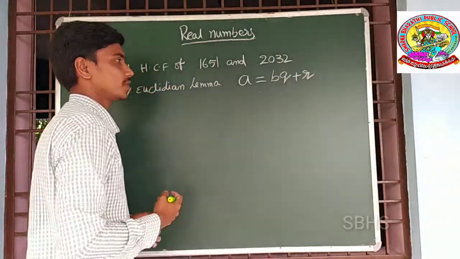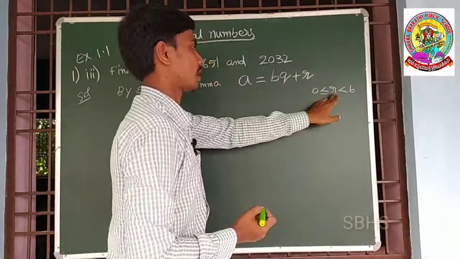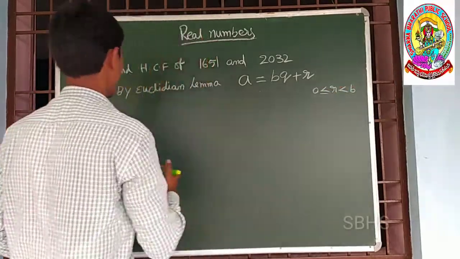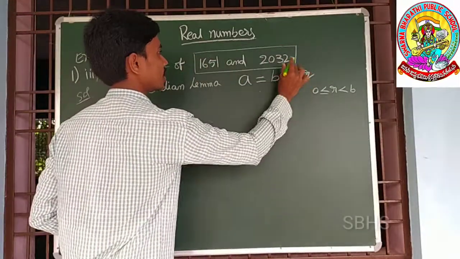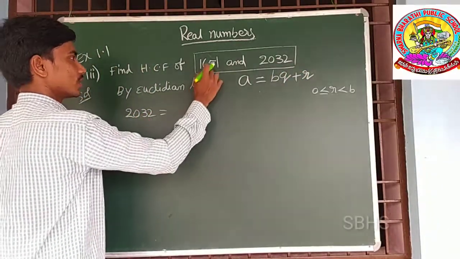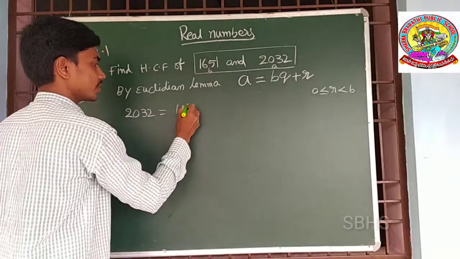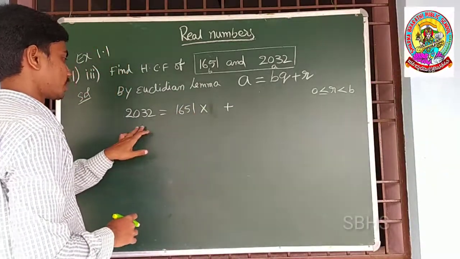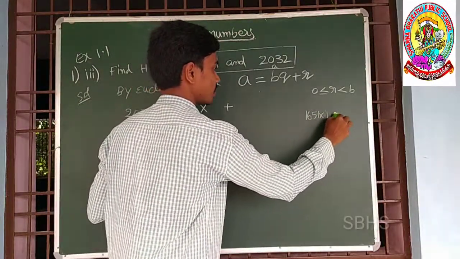Here the r value must lie between 0 and b, r greater than or equal to 0, r less than b. So by using Euclid division lemma, if two numbers are given, take the bigger number. So here a is 2032, b is 1651. 1651 you have to multiply with something and add something. So multiply with something, which means 1651 multiplied with 1 gives 1651.